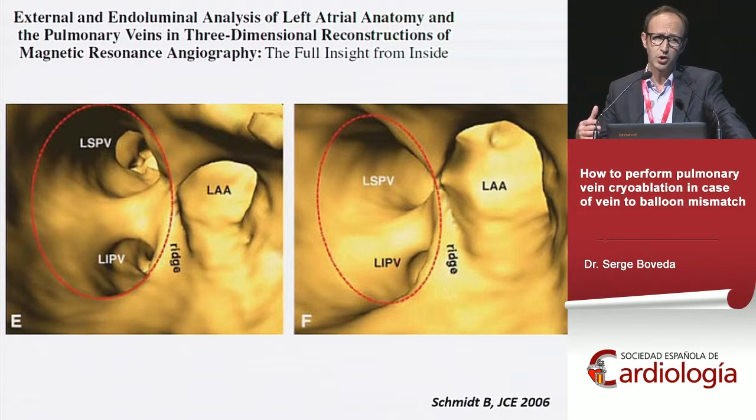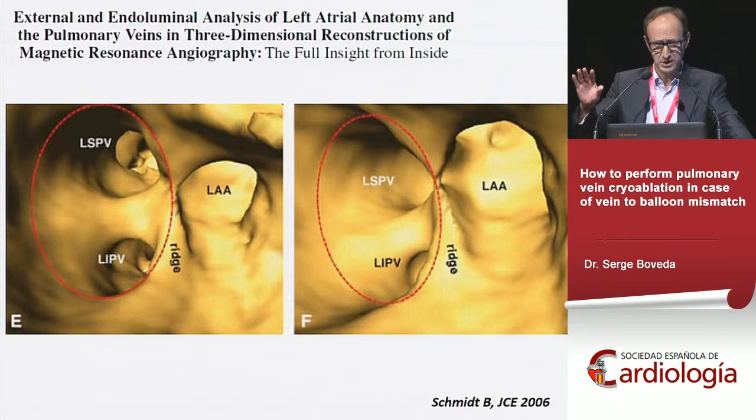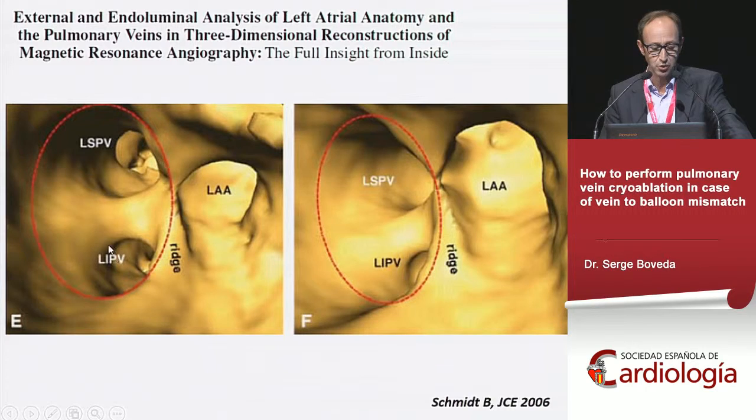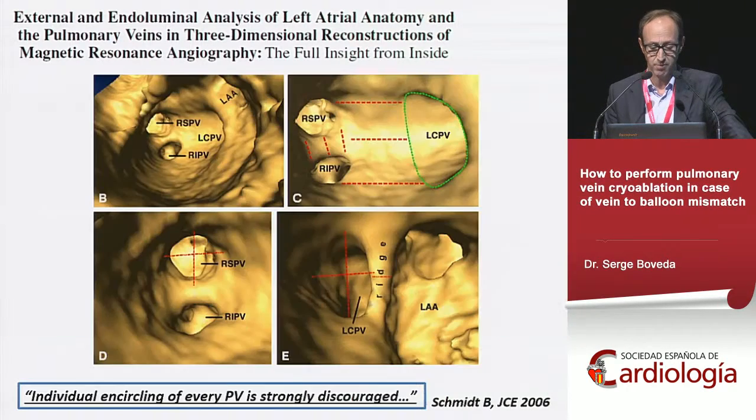Even more, when we are looking inside, there are difficult sites to reach, namely the ridge, for example, which is difficult to ablate even by radiofrequency. We know that to go here needs a lot of experience and a lot of skills. And this, of course, should be the same with cryo.